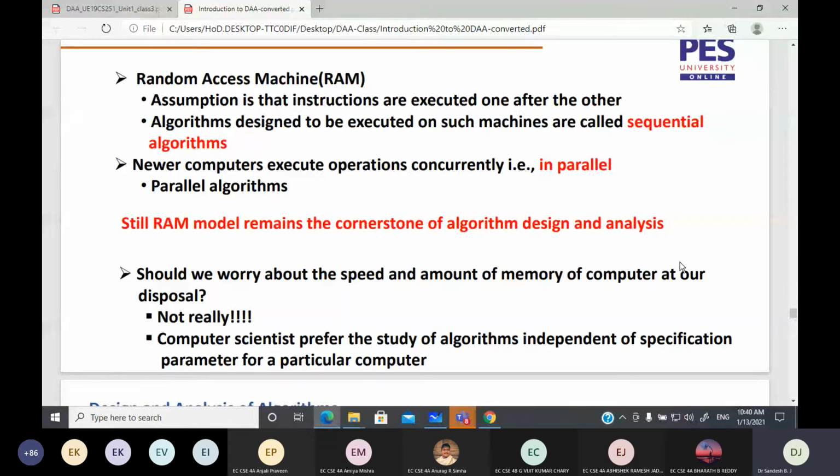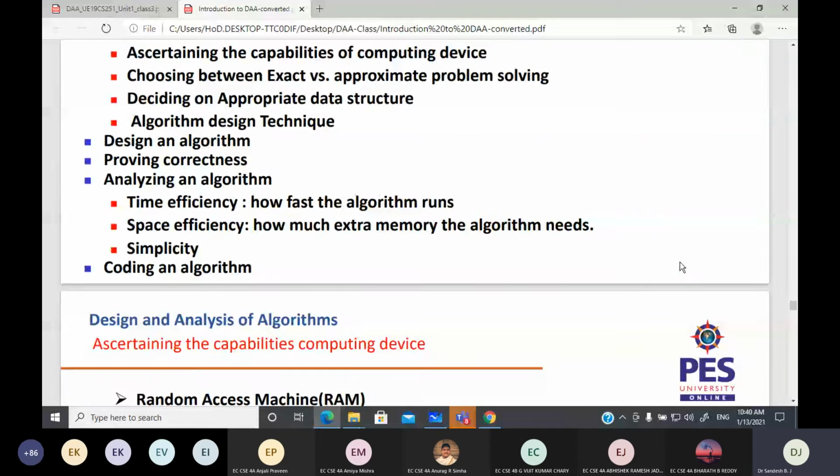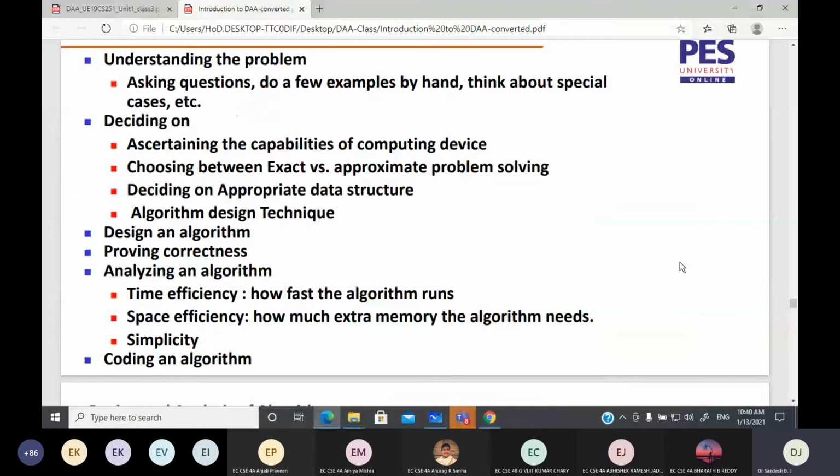When we would like to compare different algorithms before we even code, we do a theoretical analysis, without writing the algorithm into code and executing it on a computer. So that's what you are going to look into, that is, ascertaining the capabilities of the computing device.